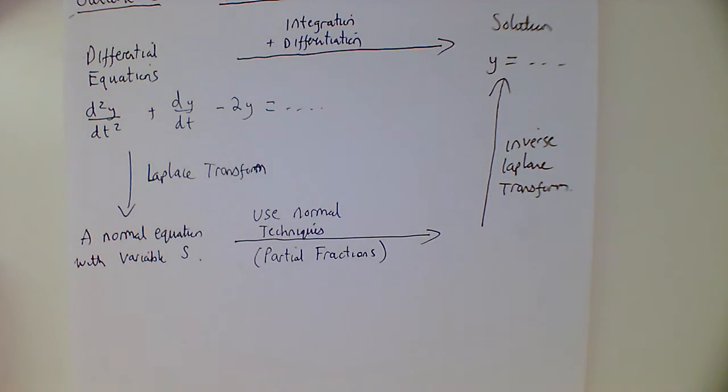Right, the differential equations that I've showed you so far have all been nice functions. So if your function is not nice, there might be a discontinuity in it, then we have to use Laplace transforms, then normal techniques, then inverse Laplace transforms, right? Because we saw even when we did integration by parts, there was some integrals that we couldn't do.